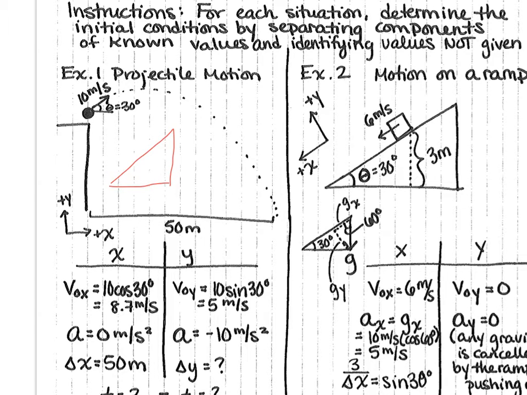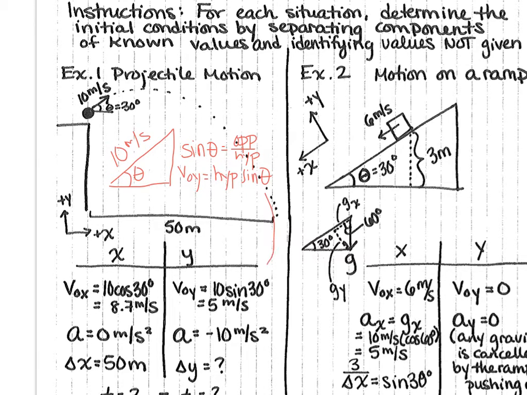If the hypotenuse is my initial velocity, then the y component of my initial velocity is the hypotenuse times sine theta. That's because sine theta is opposite over hypotenuse. So this y component, v naught y, is hypotenuse times sine theta.